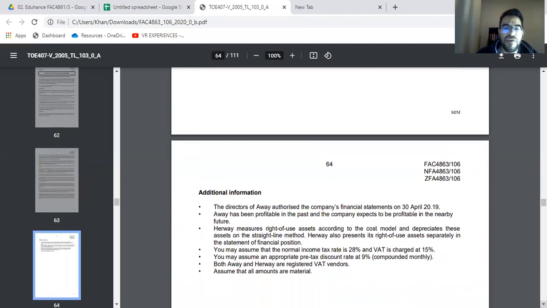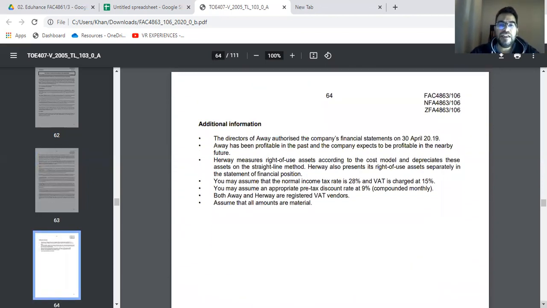Okay, so additional information. They say that the directors of Away authorized the company's financial statements on 30th April 2019. Okay, so this is important. Remember, we said there are certain topics that you are covering for test 4: employee benefits, leases, provisions, and then events after the reporting date. Remember, when is our reporting date? 28 February.